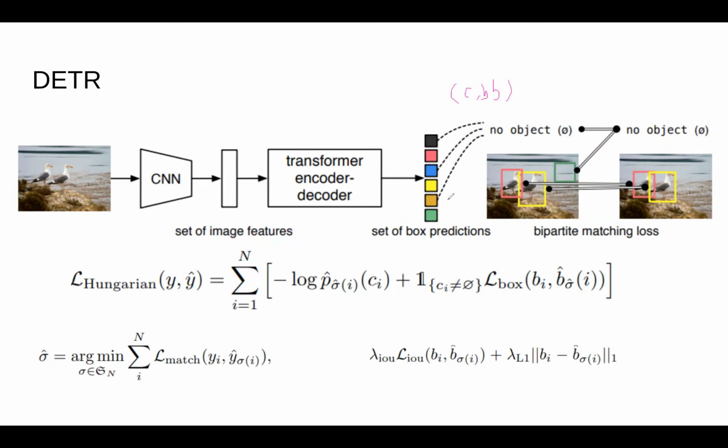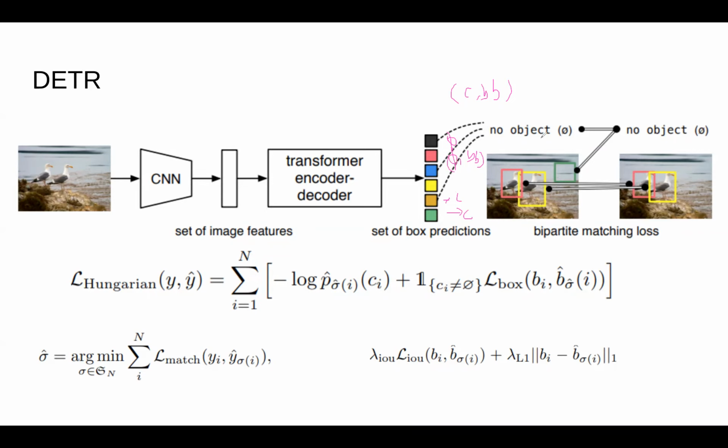For the trained one, for two of them it would give the correct class, and for the others it would give no class. So it would still be outputting these 100 outputs with some bounding box as well, but it would give a no class output.